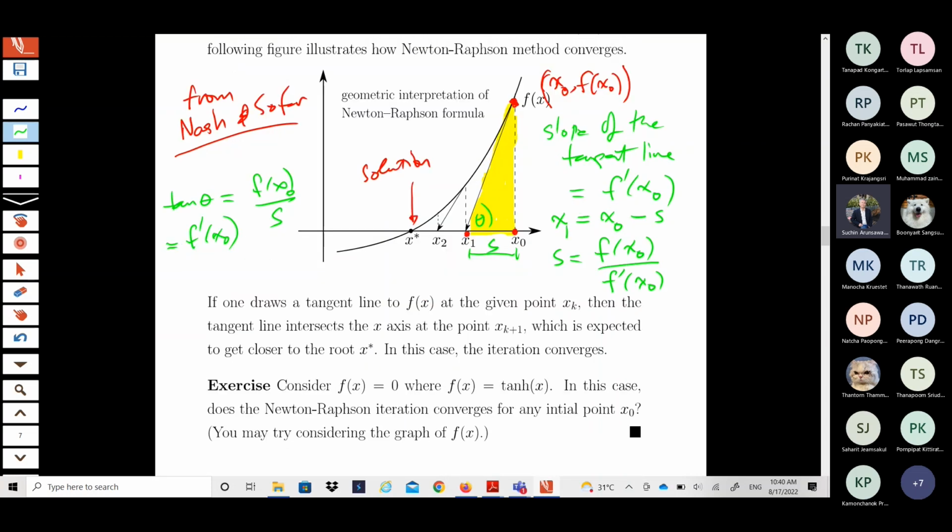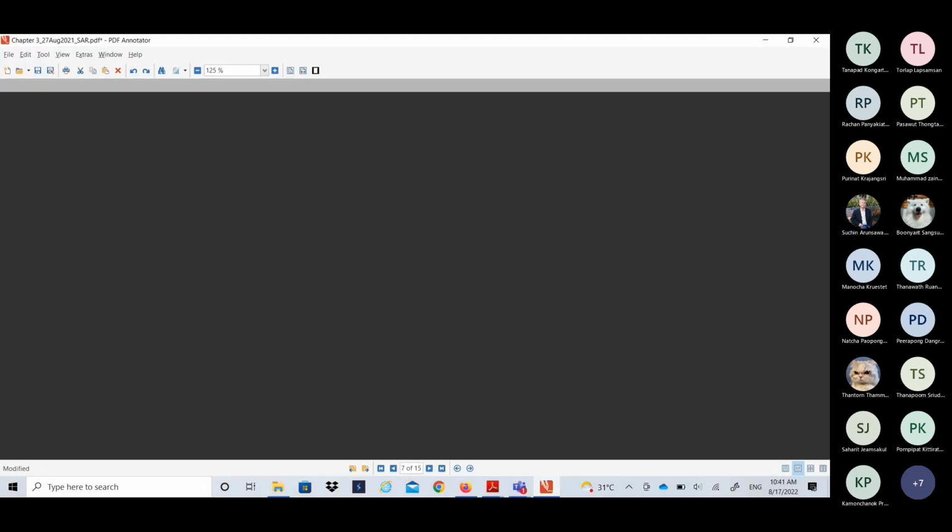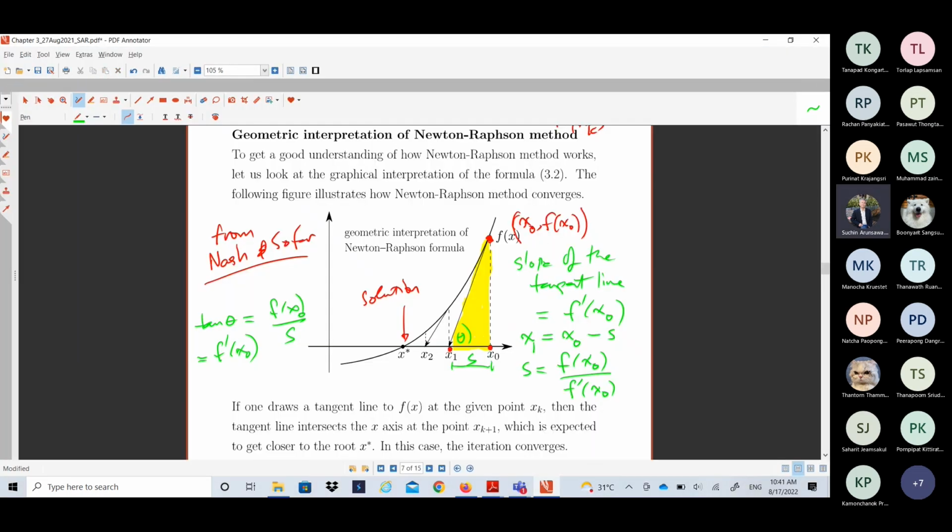So from this figure, we know that the Newton-Raphson converges to the solution.